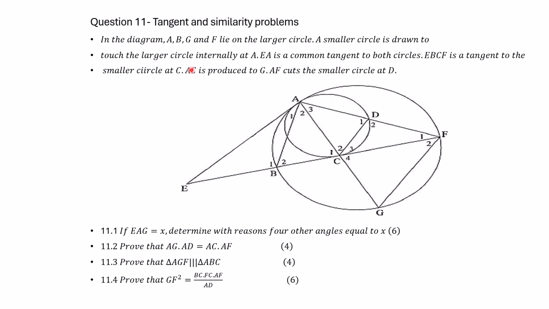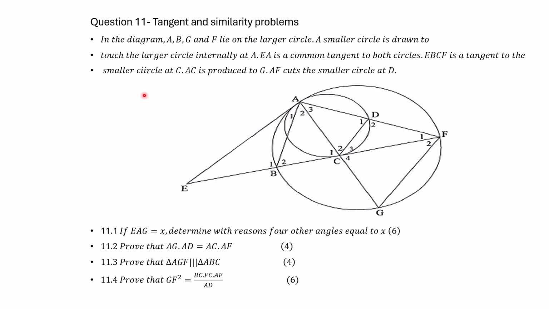So if we look at question 11, tangent and similarity problems, they say in the diagram A, B, G, and F lie on the largest circle. A smaller circle is drawn to touch the large circle internally at A. So the smaller circle and larger circle make contact at A. EA is a common tangent, so EA is a tangent for the small circle, but it's a tangent for the bigger circle as well, to both circles.